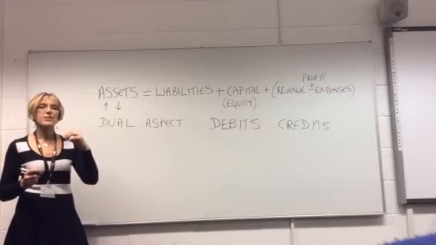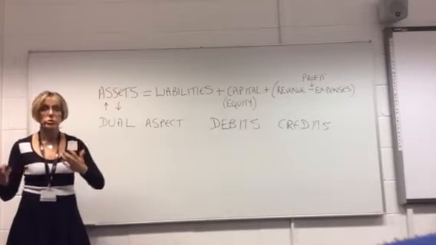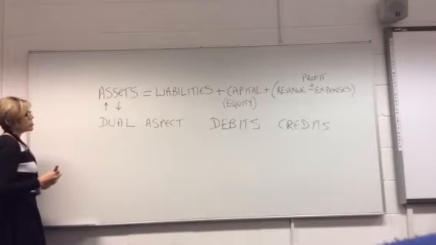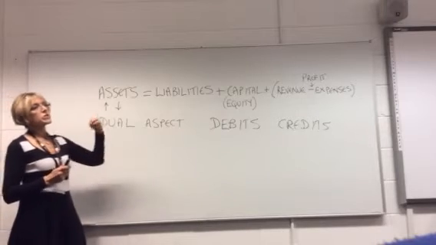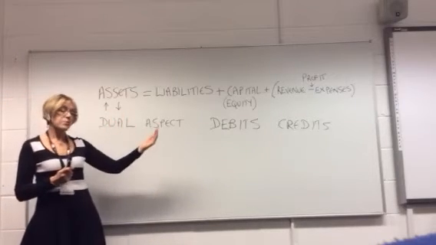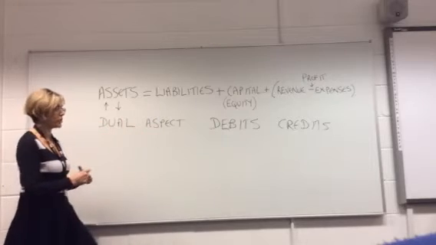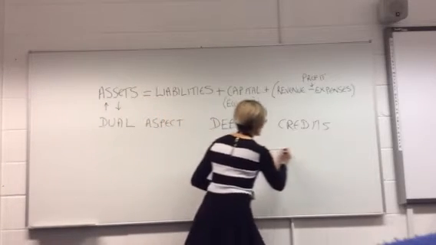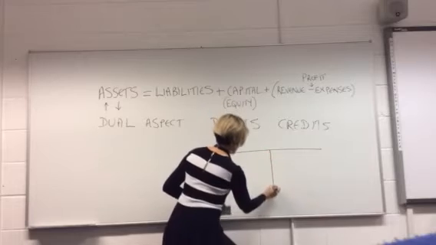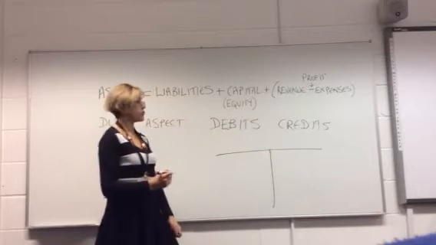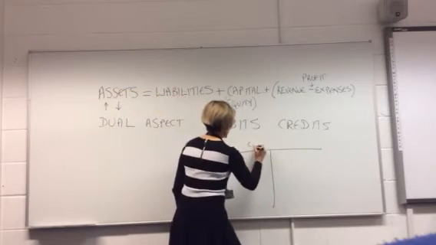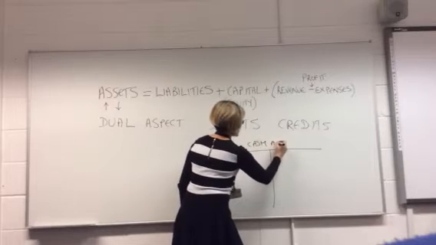Now, the key thing to remember when you're doing double entry bookkeeping is to know whether you need to make an entry as a debit entry or a credit entry. And our T accounts, let's assume we've got a T account for cash at bank.